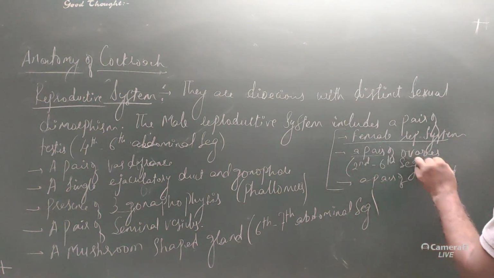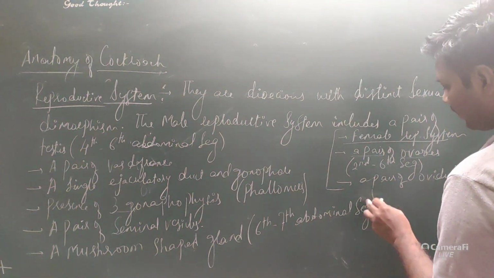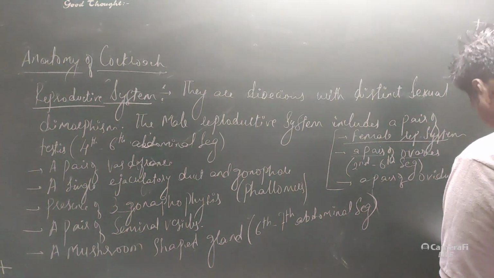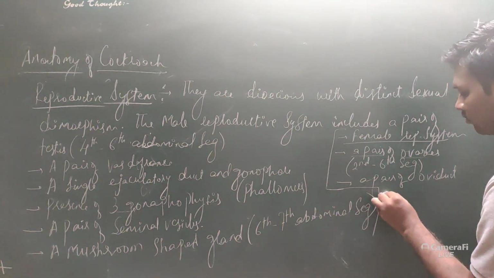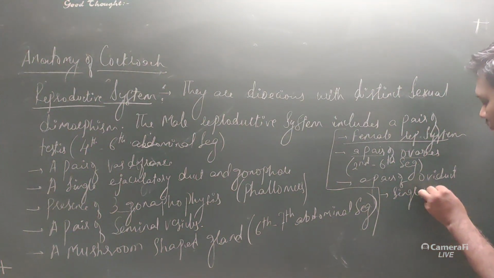The female reproductive system consists of a pair of ovaries, located from the 2nd to the 6th segment. Next, a pair of oviducts is also seen. Then a single vagina.